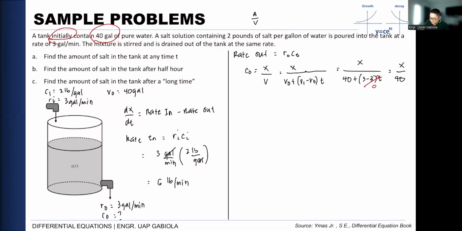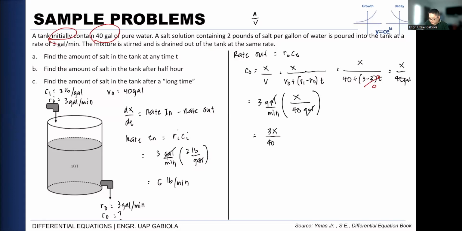So substitute natin sa given, Ro natin is 3 gallons per minute multiplied by x over 40. Ano yung unit ng 40? That is gallons. So magka-cancel out yung gallons natin. We will be left out with 3 over 40 or 3x over 40.